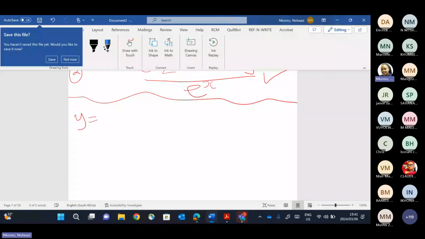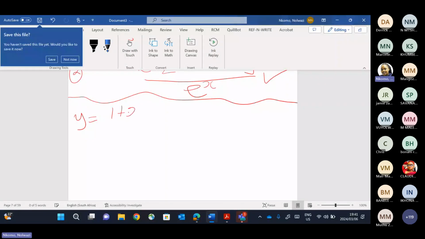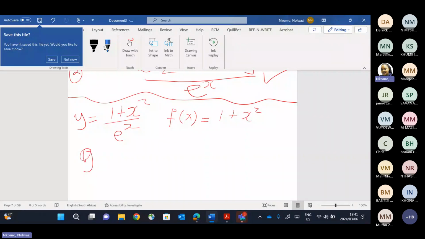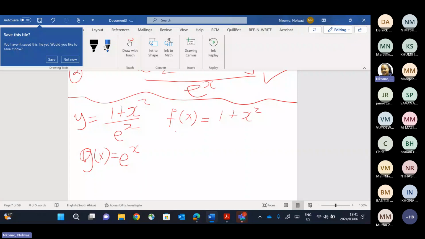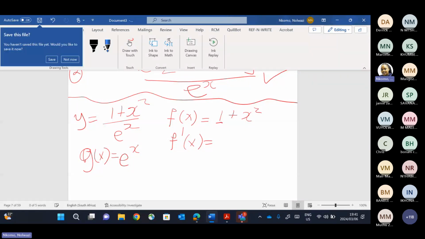Okay, y equals 1 plus x squared over e to the x. Here, you can say, let f of x equal 1 plus x squared, and let g of x equal e to the x. Then you solve for f prime. F prime would be the derivative of this is 0, then the derivative of this is 2x.